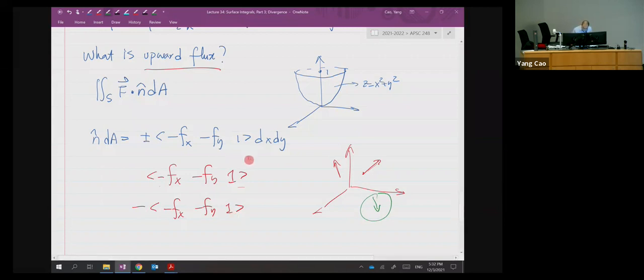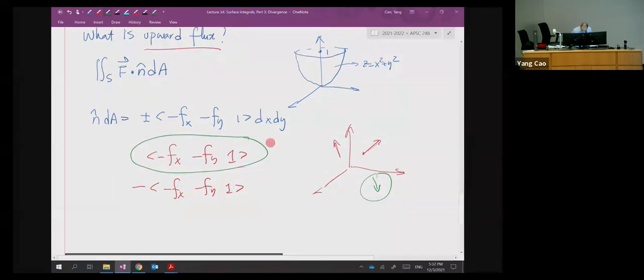So the positive sign here refers to upward flux, and the negative sign here refers to downward flux. This is called upward, and this is downward. That's how you determine whether to pick negative or positive based on the question.